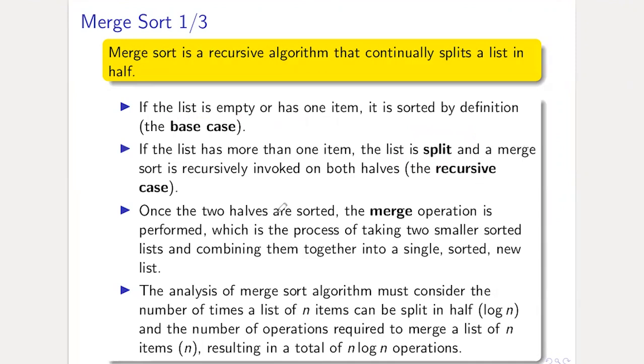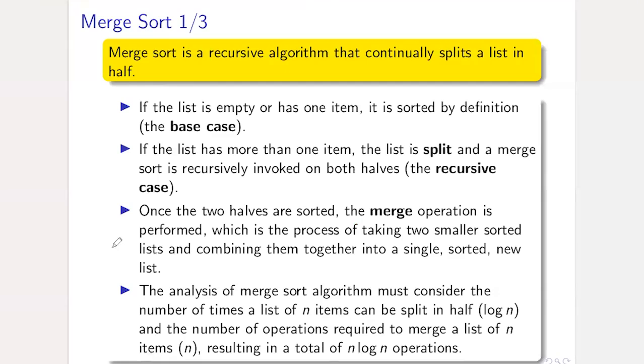So when there are two halves which are sorted, you can do the merge operation, right? So when you analyze the sort algorithm, you have to consider how many times a list can be divided like that. So we know that to be log n. Okay, when you keep on dividing, the depth of the division is log n.